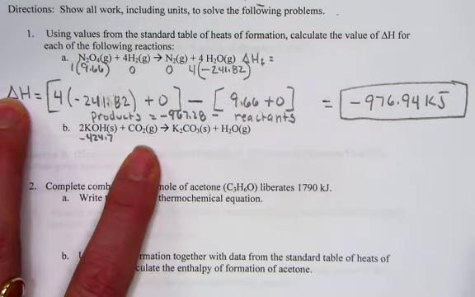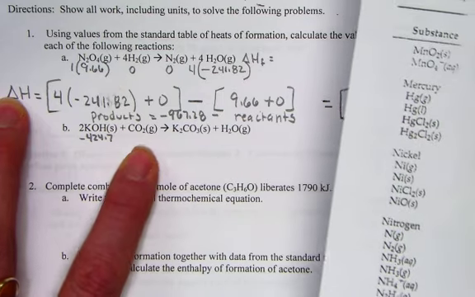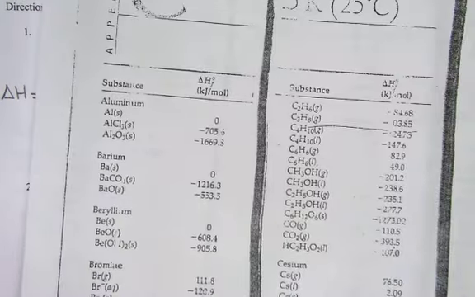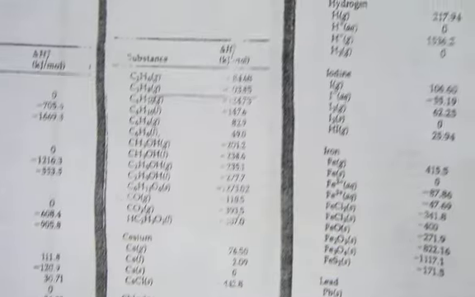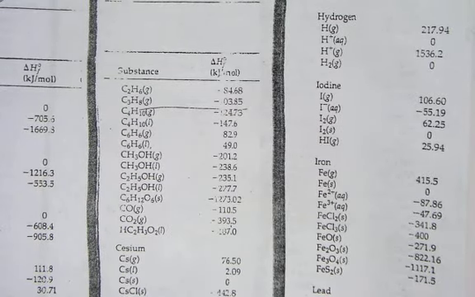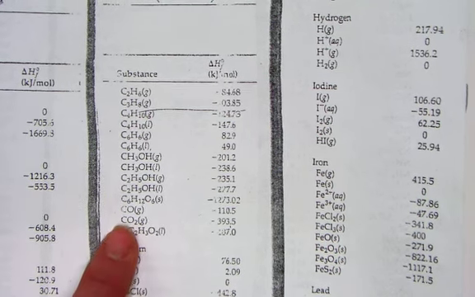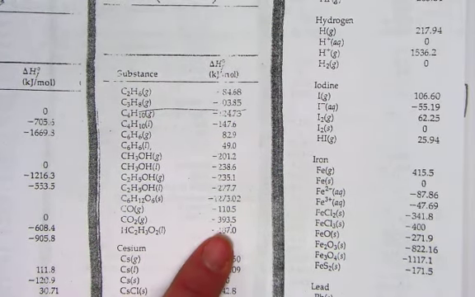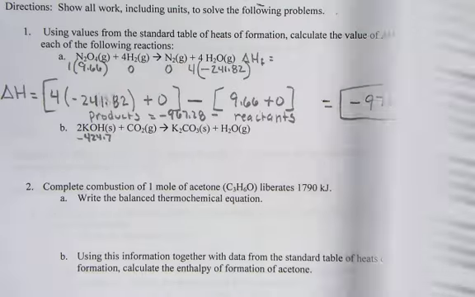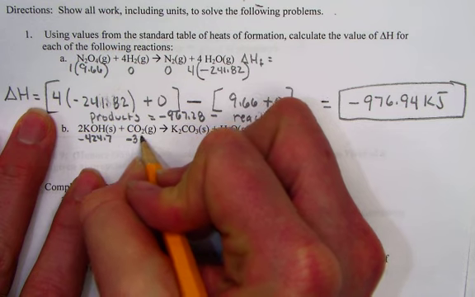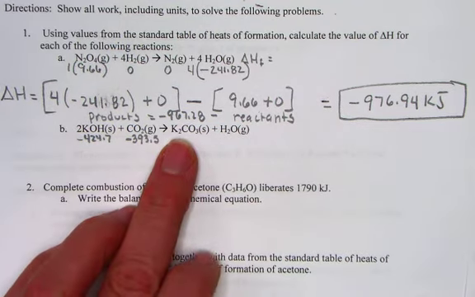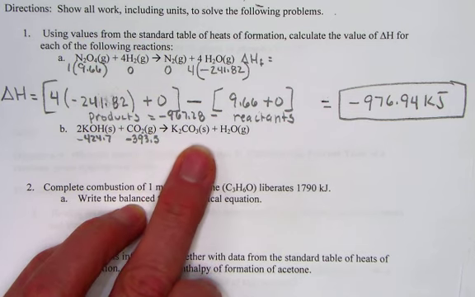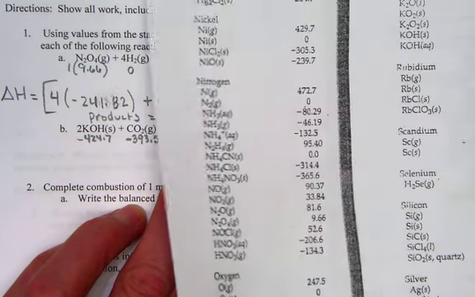Next one listed is gaseous carbon dioxide. On the front side for the carbons, gaseous carbon dioxide, here it is, negative 393.5. Let's record that, negative 393.5. Next one listed, potassium carbonate. Again, it would be found in the K's.